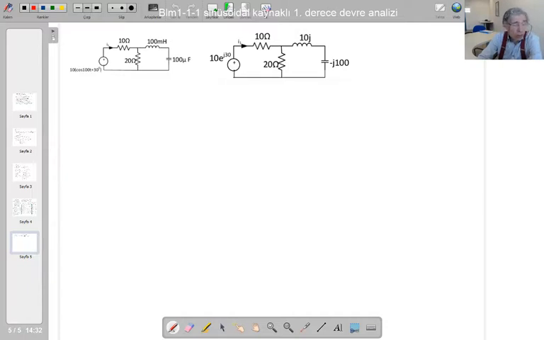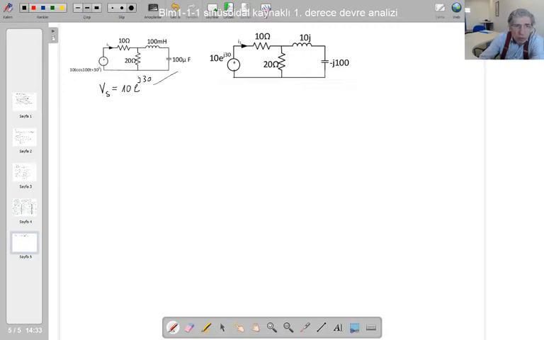its phasor. How are we going to do it? Vs, this independent voltage source phasor, is equal to 10 times magnitude e to the power j, the angle, it is 30.